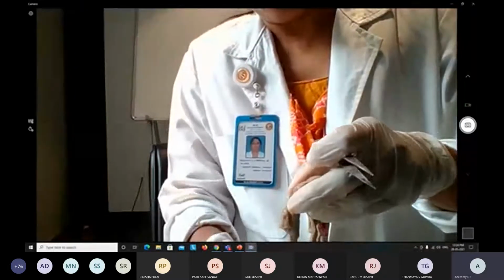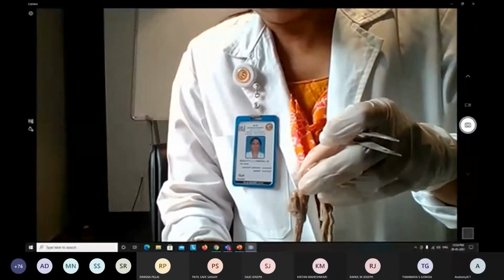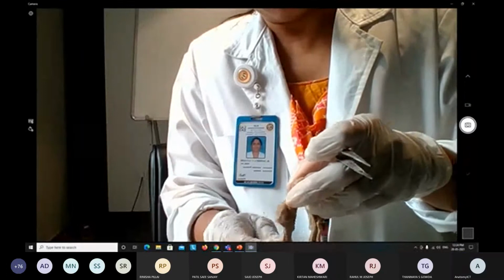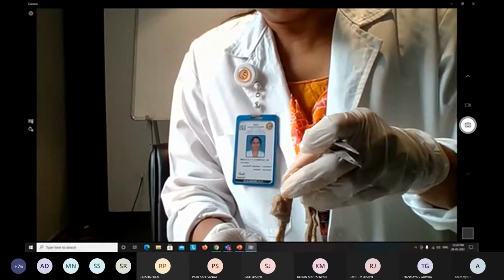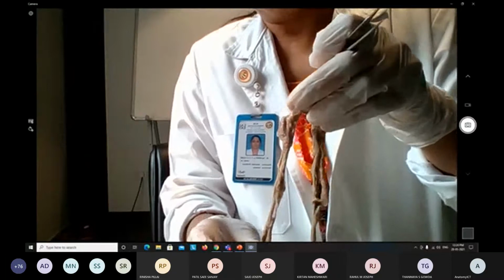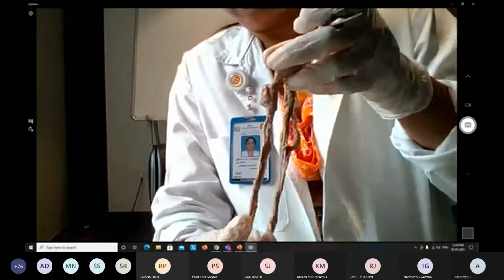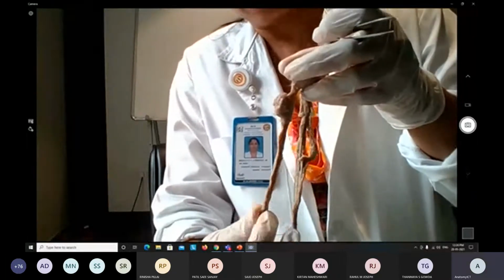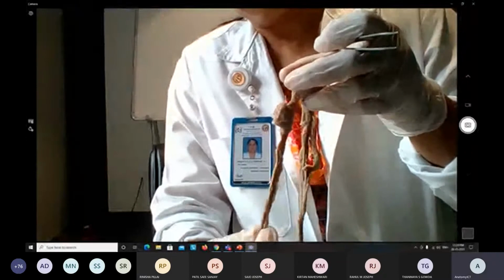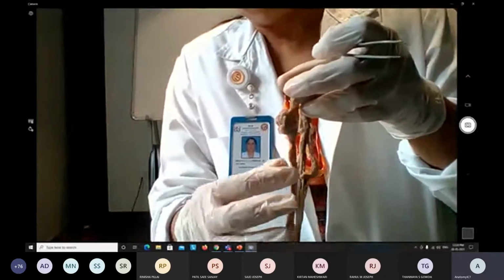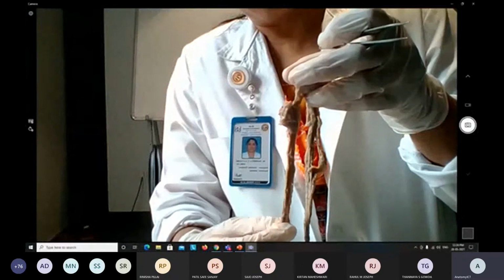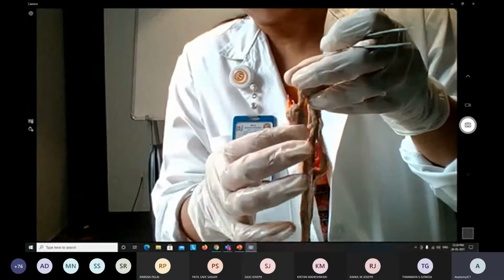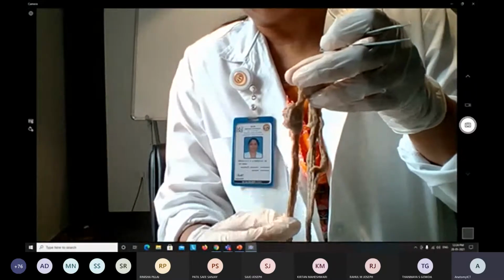Vas deferens is cord-like, very thick. Yes, answer me. Vas deferens is thick and cord-like. Why is it so?